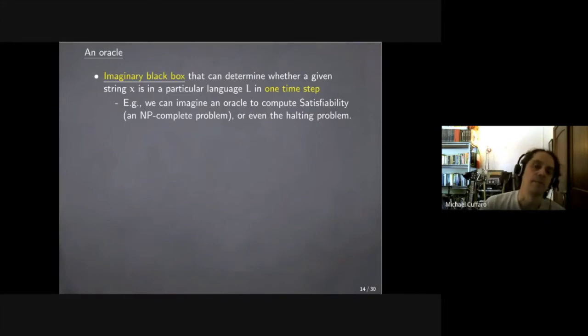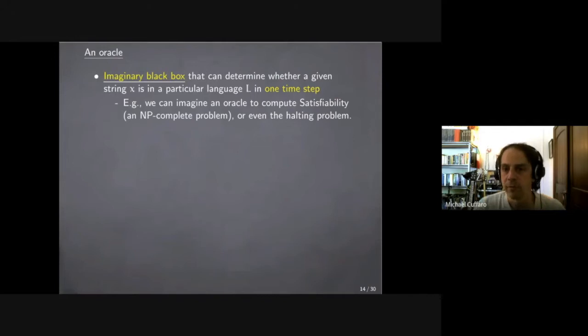It's also used in computability theory, but in computational complexity theory, the way we imagine an oracle is as an imaginary black box. In computability theory, the number of time steps doesn't figure importantly. But in complexity theory, we imagine that this magic black box can determine whether some given string X is in a particular language L in one time step.